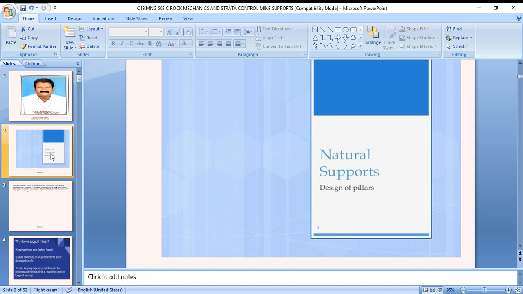Based on RMR and pressure arch theory, supports are erected in different locations from the face to the gallery, and also in the air ventilation galleries, the man roadways, and from the shaft mouth to the face. So these are the different supporting requirements in mines.